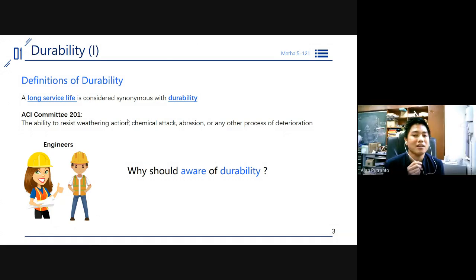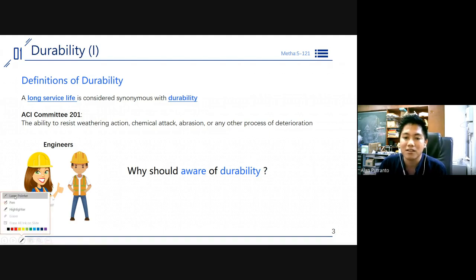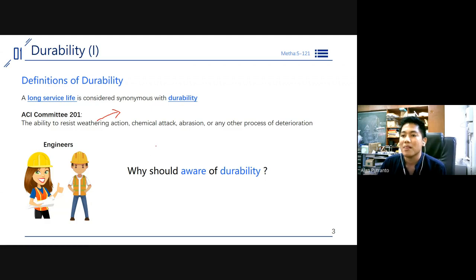Based on ACI Committee 201, durability is the ability to resist weathering action, chemical action, abrasion, or other processes of deterioration.